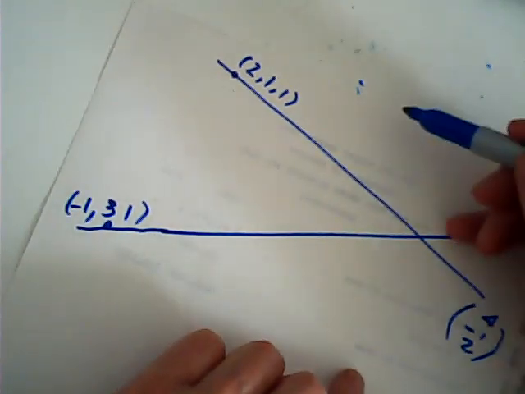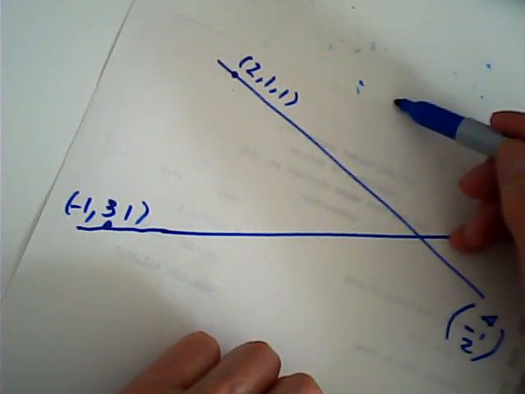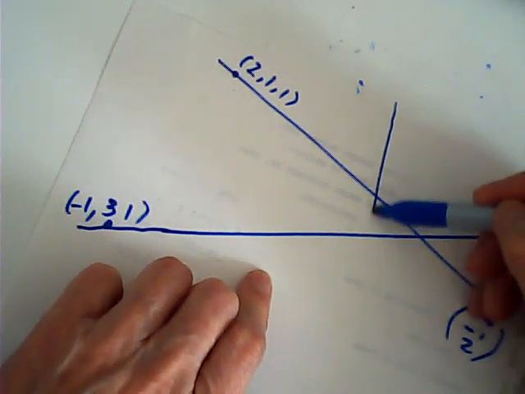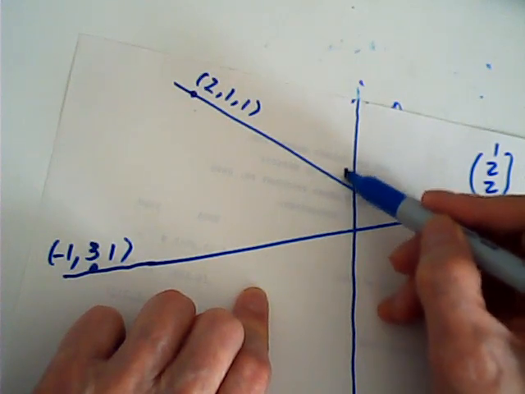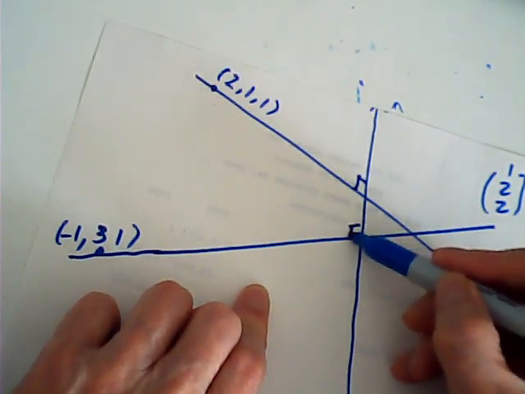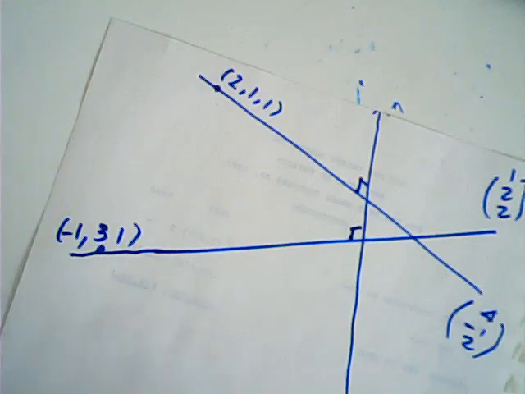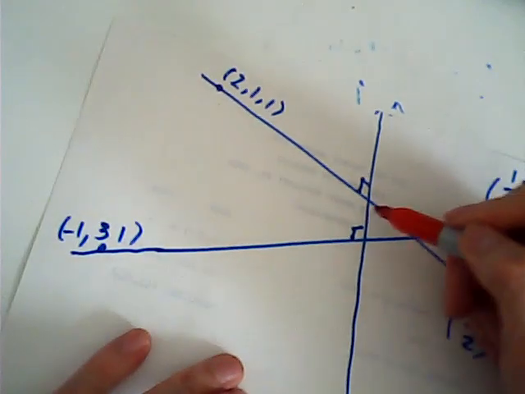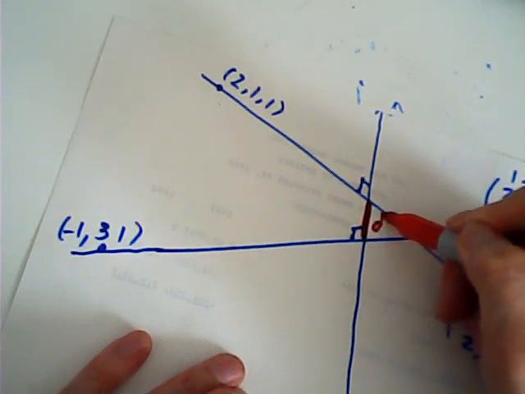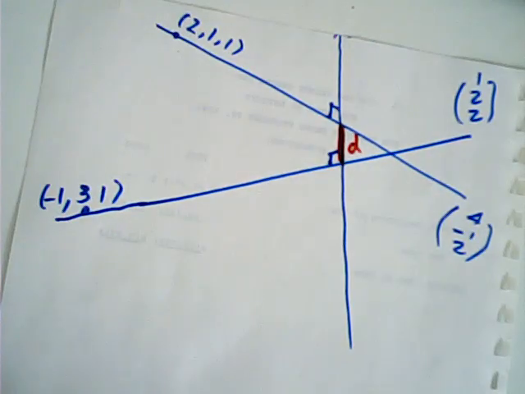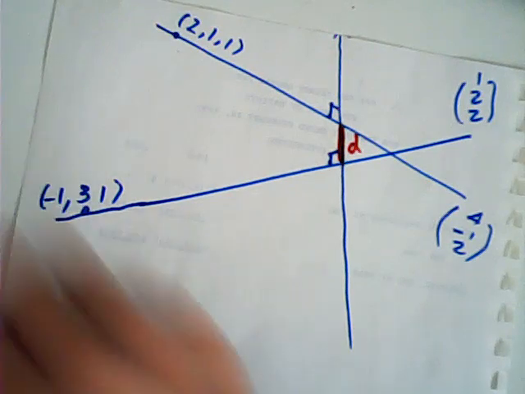Now, the key is that you must find a vector which is perpendicular to both, right? To this one. And that will be the distance between the two lines, right?